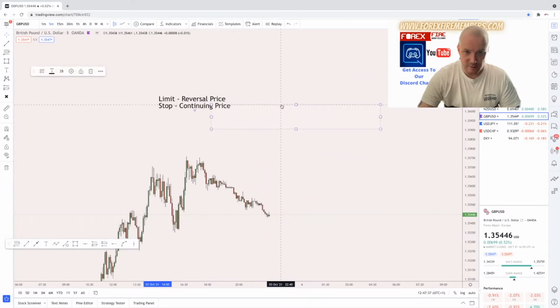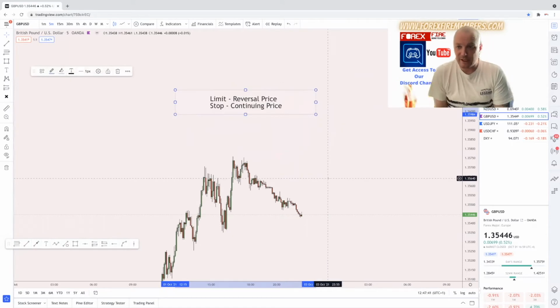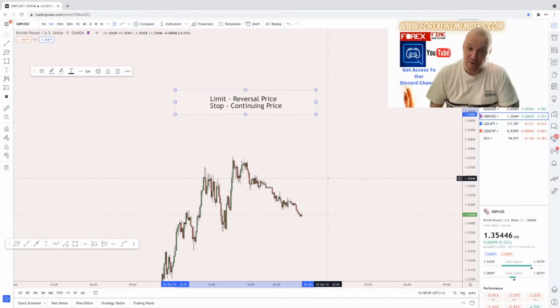For example, we speak heavily in the group about when we get a break of structure. We get a break of structure and we are waiting for price to come back to the previous order block of structure, then bouncing from that area in the order block to continue to the high.